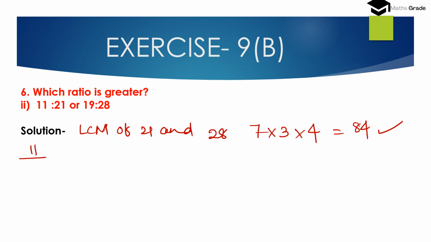Now we have to convert this ratio 11:21 into an equivalent ratio, equating the consequent 21 to the LCM. Which number do we have to multiply the consequent 21 by to get 84?